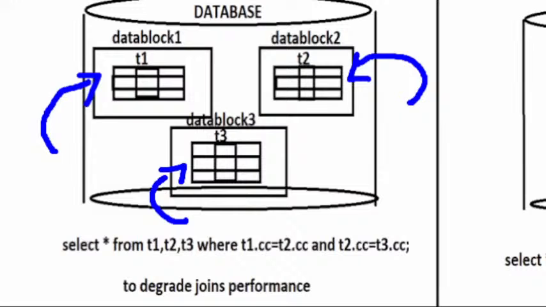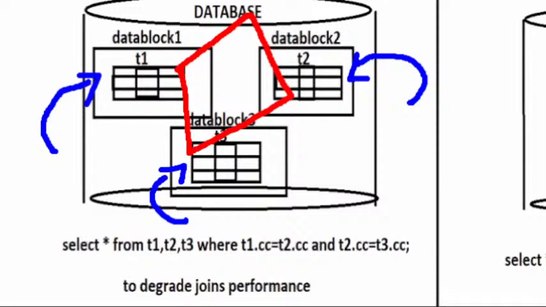But the problem is when I don't want to retrieve individually, but I want to retrieve the group of tables' data. That means I want to retrieve data from multiple tables. If I want to retrieve data from a single table, I don't have any problem.